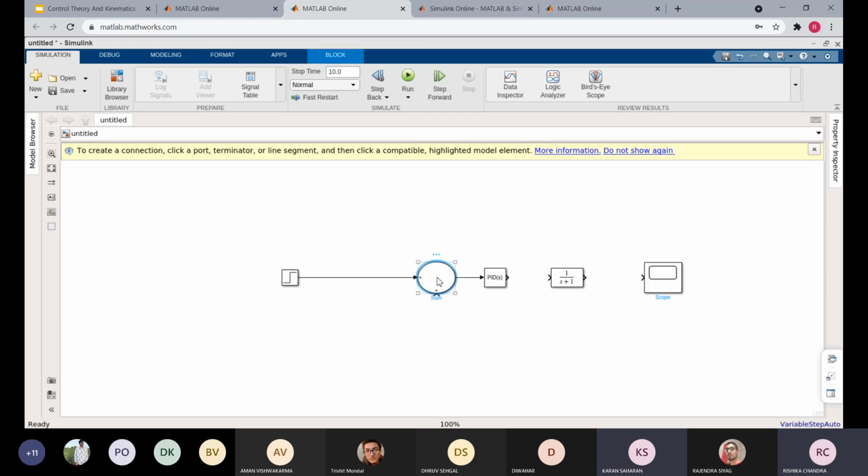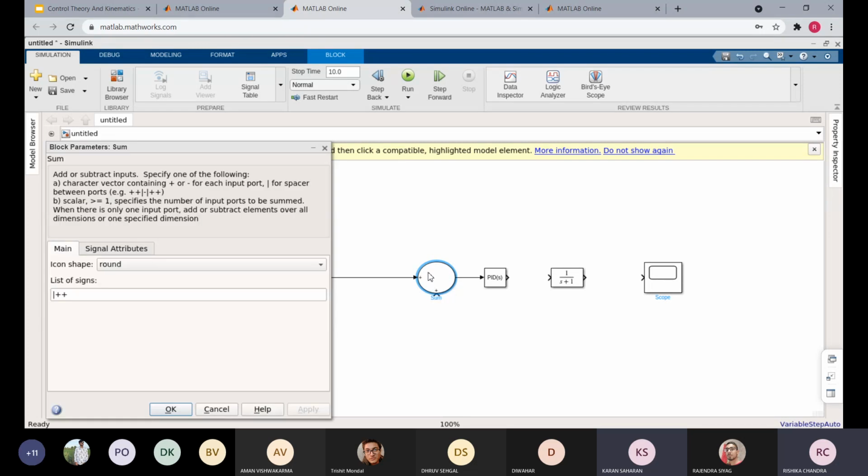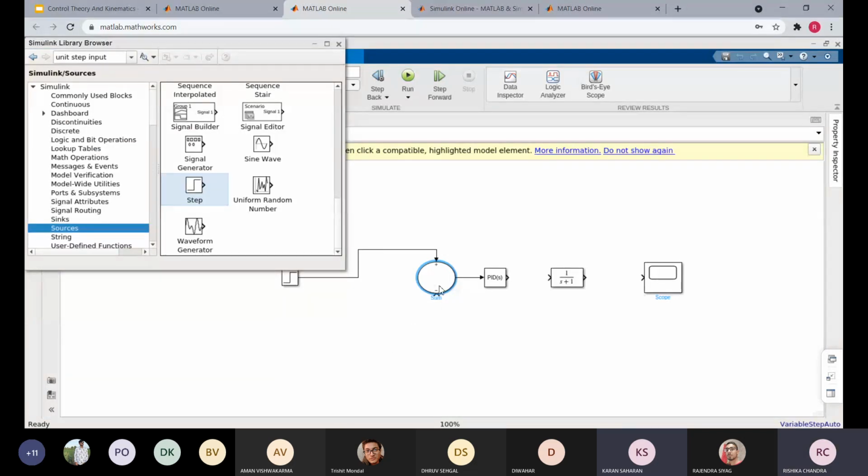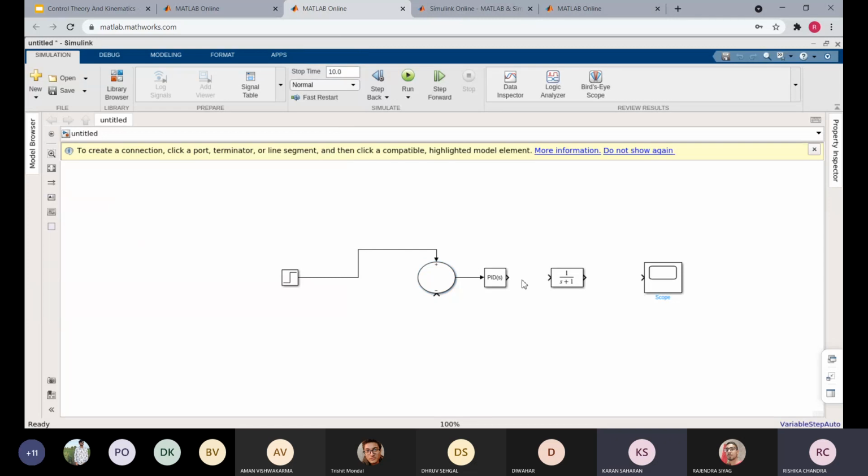And one more thing, this summer will take plus here, and the feedback will go to the negative point. So you can double click on the summer and change its sign. First we want plus, then we want minus. Then click on apply. Okay, so see now it's plus here and minus.